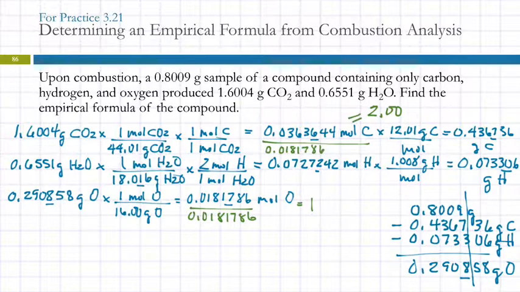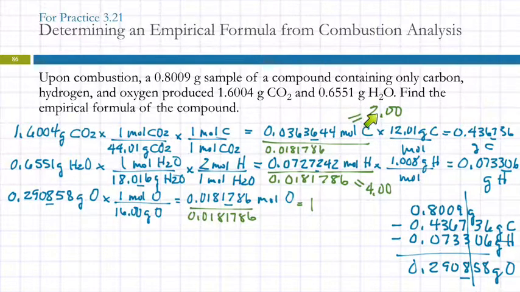That's definitely roundable. Is that a word? It is now. Just made it up. This other one, 0.072742 divided by 0.0181786 gives me 4. Awesome, I got nice whole numbers out of everything.